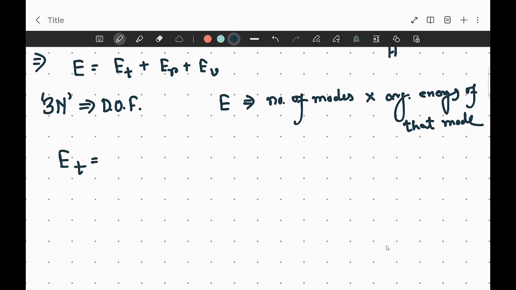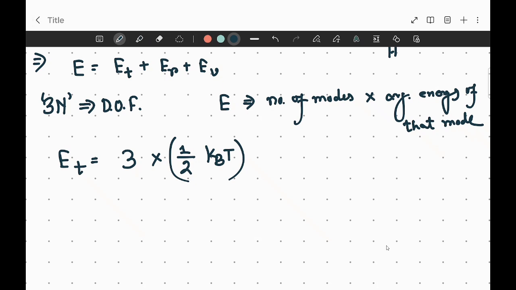what will be the number of modes? Three, for any molecule, not only non-linear. And average energy of each translational mode is half kT. That you can calculate from Maxwell distribution even.